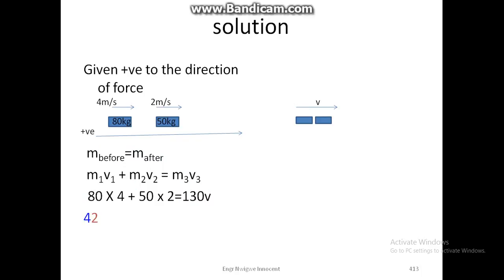Then we have 420, if we do our computation, is equal to 130 v. Then making v the subject of the formula, we have 420 over 130. Our v is equal to 3.2 meters per second.